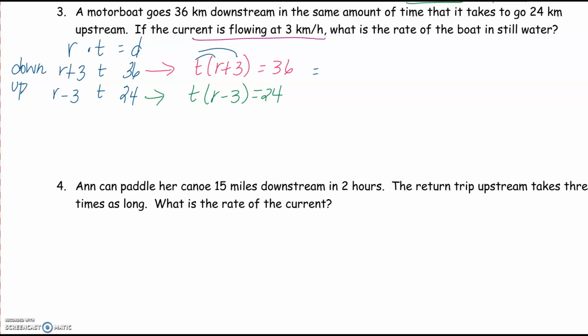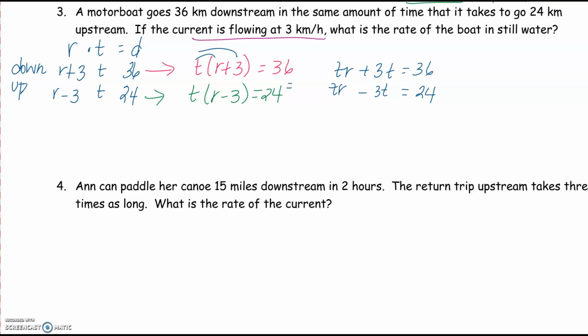So we get RT, or TR, however you want to write it, plus 3T equals 36. And then we do it again, and we get TR minus 3T equals 24.